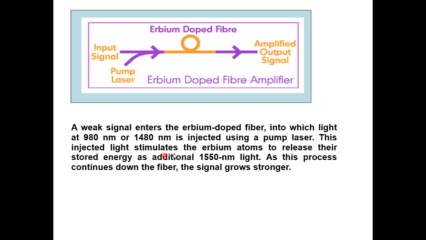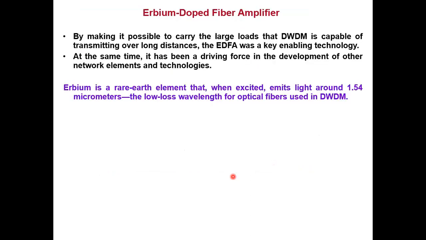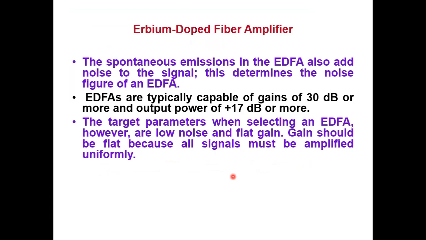This injected light stimulates the erbium atoms to release their stored energy as additional 1550 nanometer light. As this process continues down the fiber, the signal strength grows. So this is the introduction about your SOA and your EDFA. Okay, so the spontaneous emission in EDFA also adds noise to the signal.